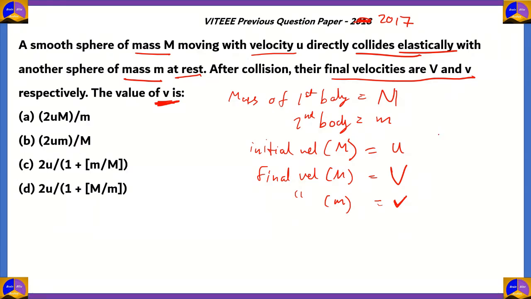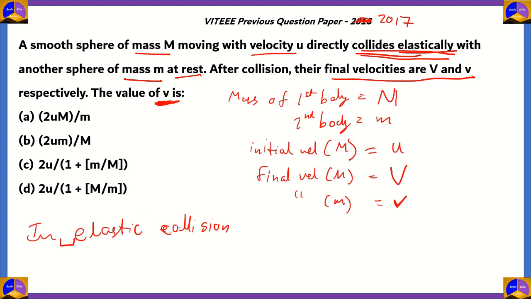So, how do we solve this question? In order to solve this question, we will use the fact that these two objects collide elastically. In elastic collision, so by the way, I'm talking about elastic collision and not inelastic collision.